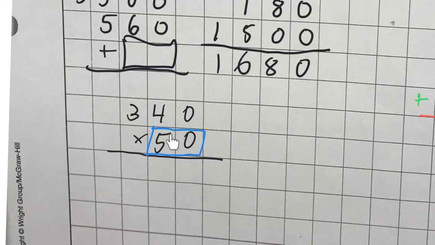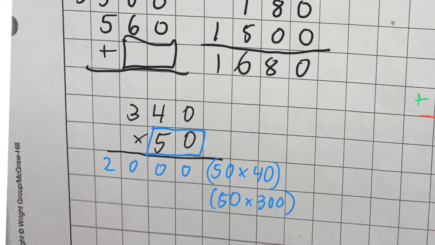So we just do 50 times 40. It might help to write it like that, but that is going to give me 20 plus 2 more zeros. That would be 2,000. And next we have 50 times 300, which would give me 15 with 3 zeros on the end, so 15,000. And now I simply add that, and don't forget your comma, and there you go.